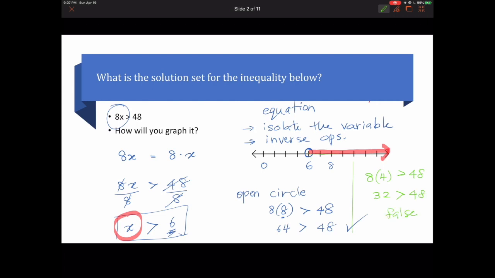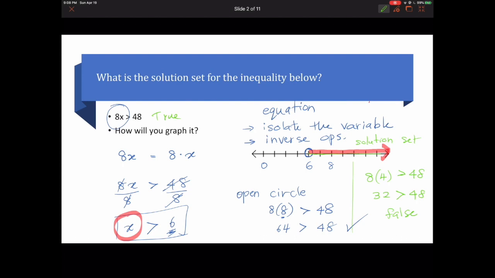So I have solved my inequality and found my solution set. Every number that is greater than 6 will make this statement true.